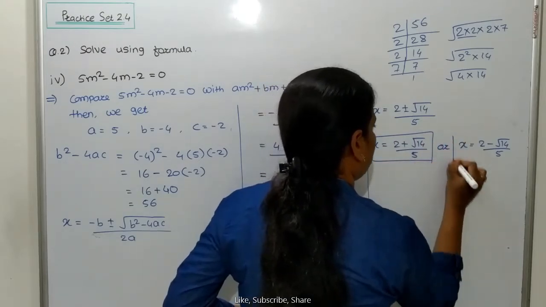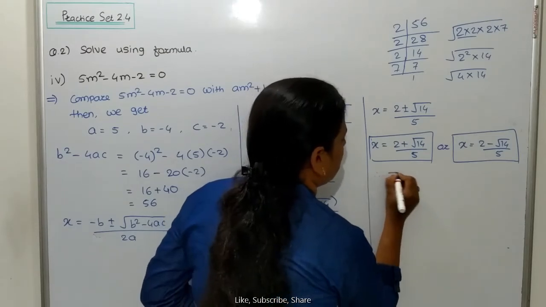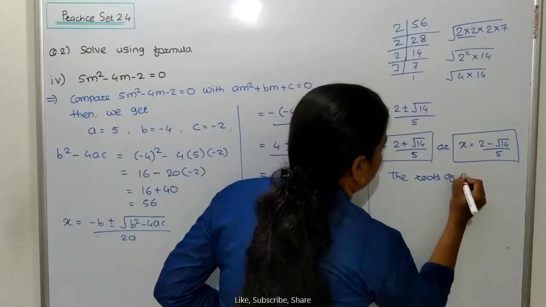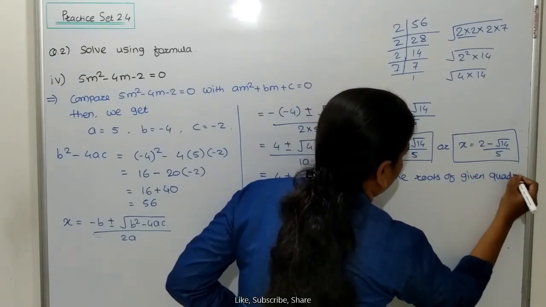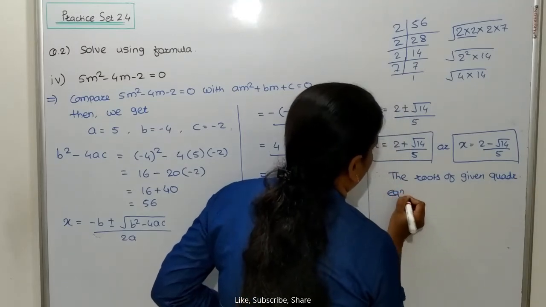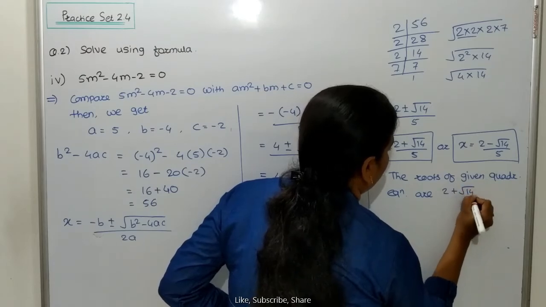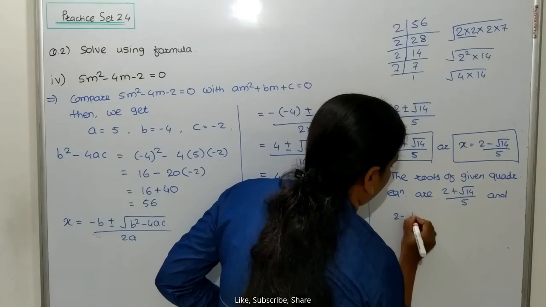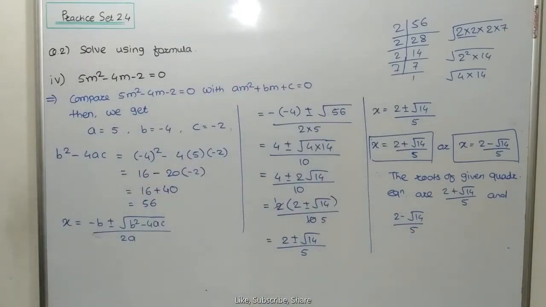Bracket this one. Therefore, the roots of the given quadratic equation are 2 plus root 14 upon 5 and 2 minus root 14 upon 5. Okay. So in this way we have to solve your question number 4 as well.